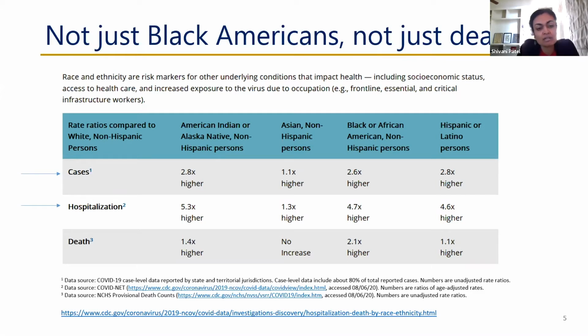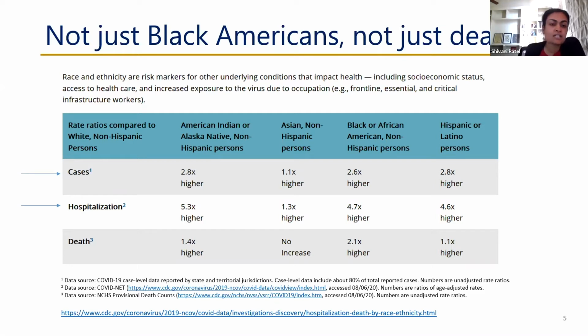Whereas if somebody acquired the infection but for whatever reason was not tested, perhaps some people have deemed themselves presumed positive, we might be severely undercounting some of the cases. So these are some of the things that you should be thinking about when you look at data regarding racial and ethnic disparities in COVID-19.